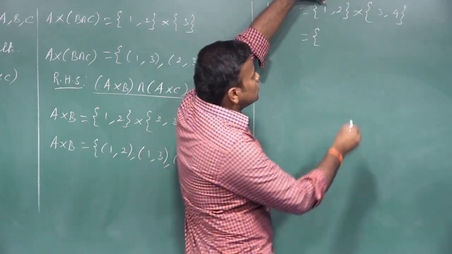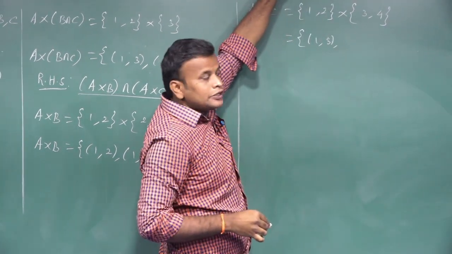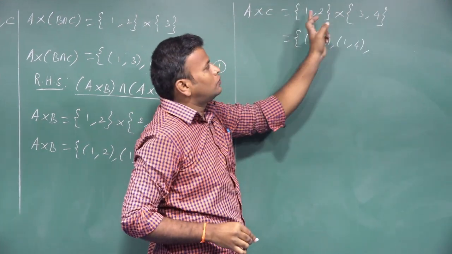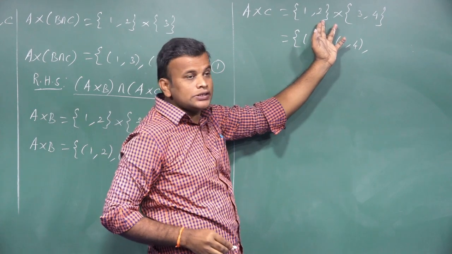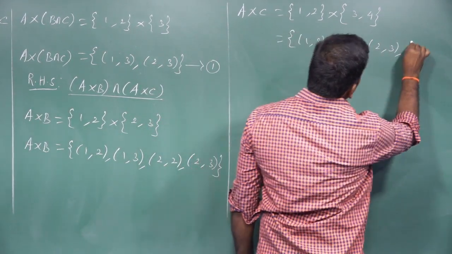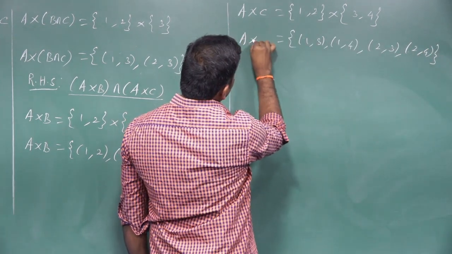The first value is (1, 3). Next (1, 4). All the elements are over in the second set. Now we move to the next element in the first set: (2, 3), (2, 4). So this is the value of A cross C.